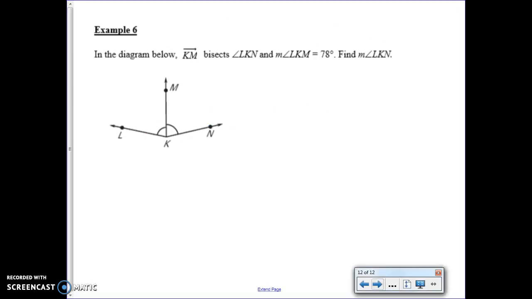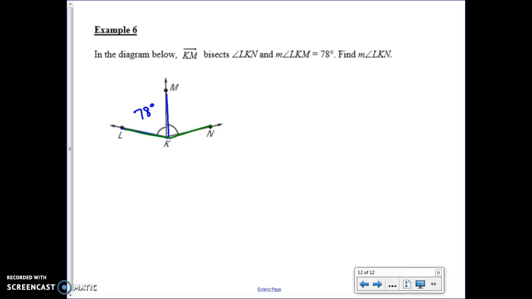So in the diagram below, it says ray KM bisects angle LKN, and the measure of angle LKM is 78 degrees. Find the measure of angle LKN.